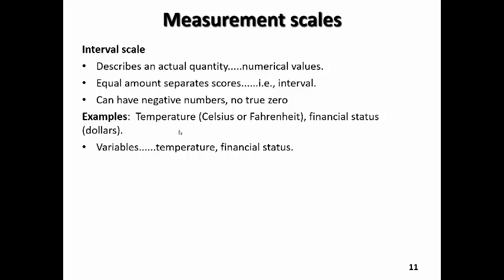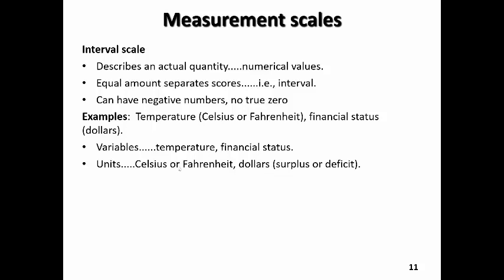So with these two examples, the variables would be temperature in our first example and financial status in our second example. Those are the individual variables. Now, the measurement of temperature and the measurement of financial status would require units. So the units for temperature would be Celsius or Fahrenheit, depending upon which scale a person would use. And for financial status, it would be dollars.